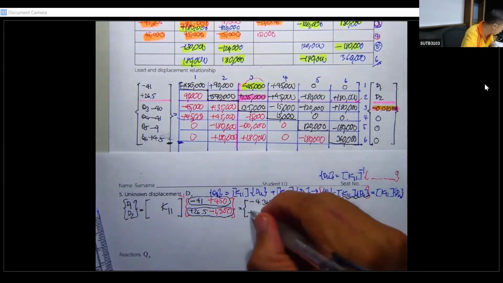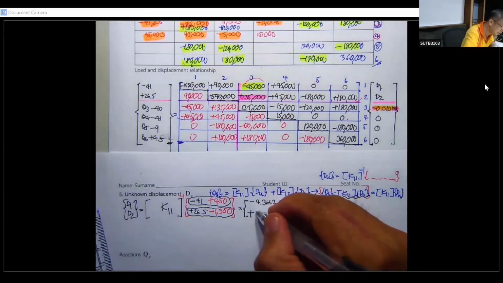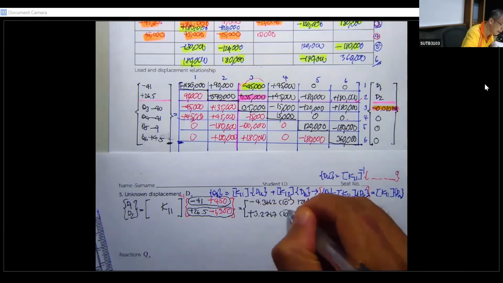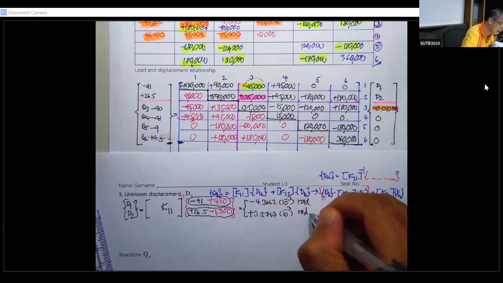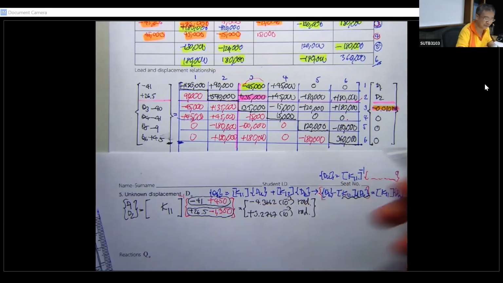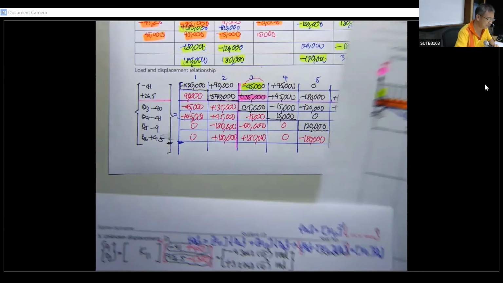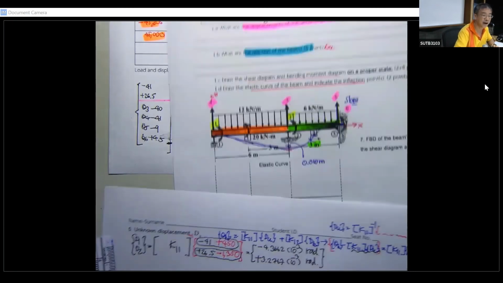And then the other one is going to be plus 3.22767 times 10 to the minus 3 in radian.